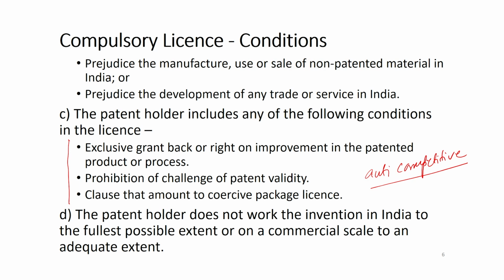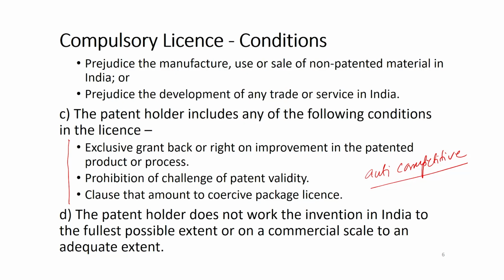I am giving you the license to manufacture and sell my patented product, but I am imposing the condition that whatever improvements you do in that product, you will not claim patent on those improvements. All those improvements will exclusively come back to the patent holder, and the patent holder will eventually own any IP on those improvements. This is an abusive condition. This is a non-competitive condition. This is called exclusive grant back.